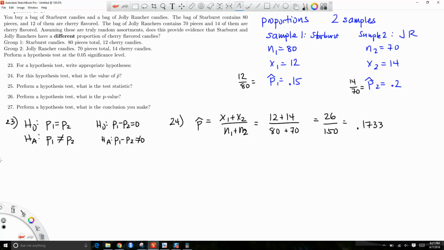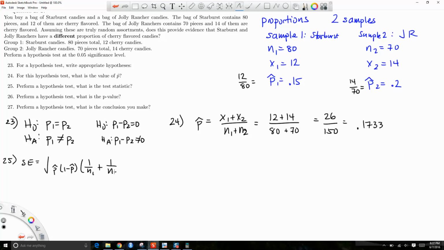Number 25 is our test statistic. There's a few parts. First, we have to figure out our standard error, which is p-hat times 1 minus p-hat times 1 over n1 plus 1 over n2.